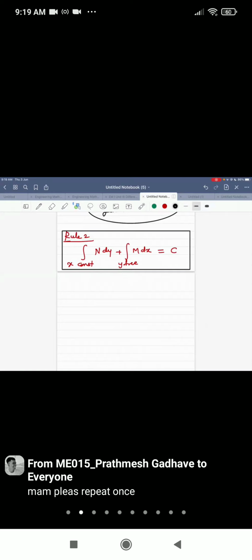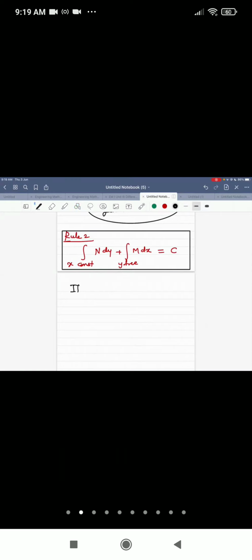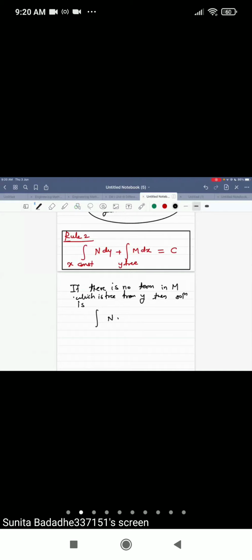Now again, in this second rule, if there is no term in M which is free from y, then the solution is integral of N dy, treating x as constant, equal to c.